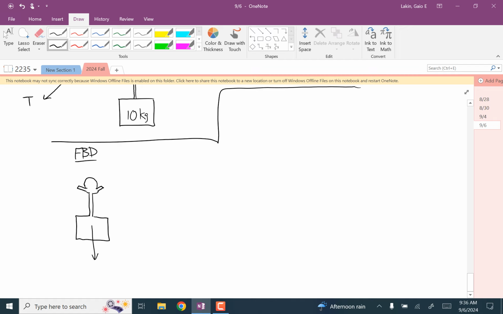We have the weight force of 98.1. A force T here, and a force T here. And this angle is theta, and this angle is theta.